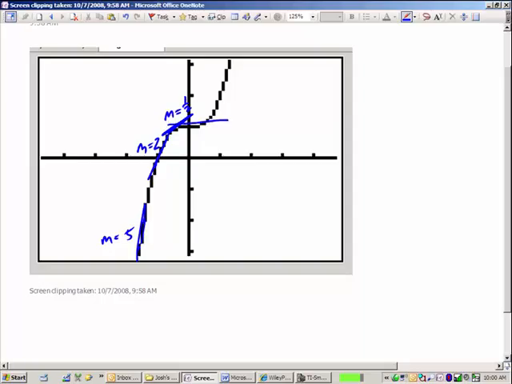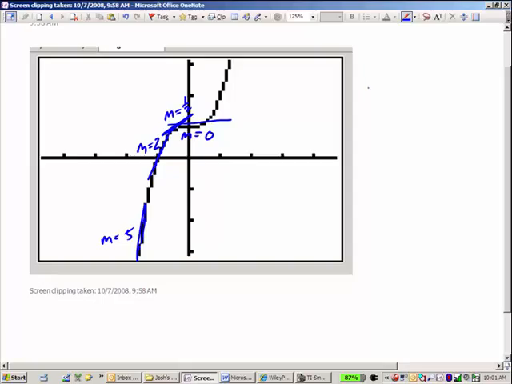And then finally, right here at that one point, the slope is probably around 0, right? Closer to 0. What would you say is happening to the slope here? 5, 2, 1/2, 0. The slope is decreasing.